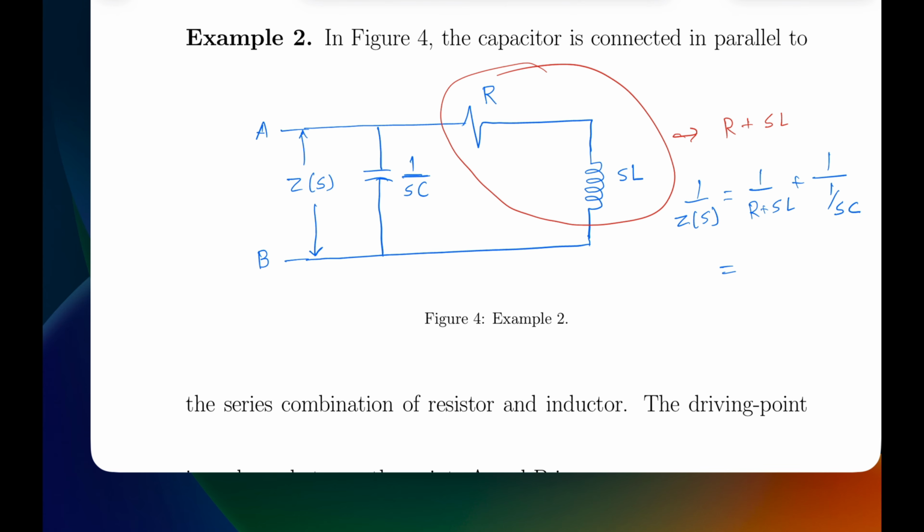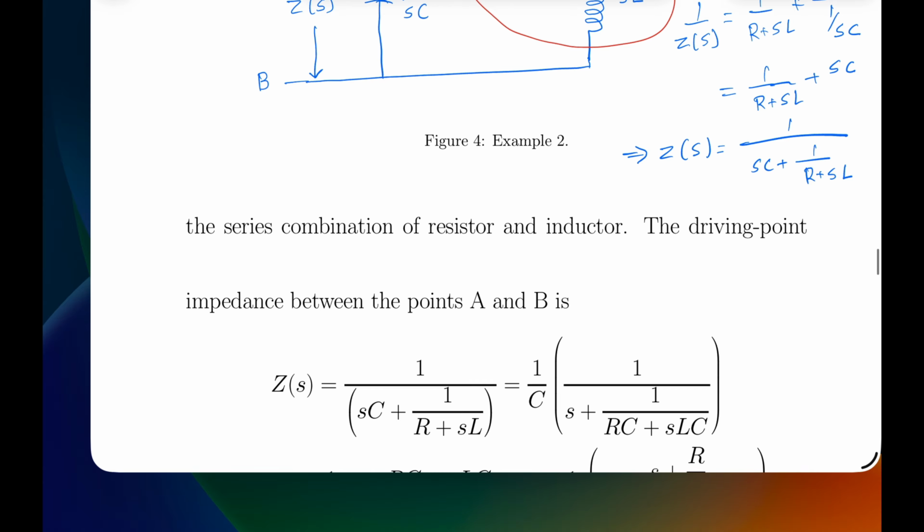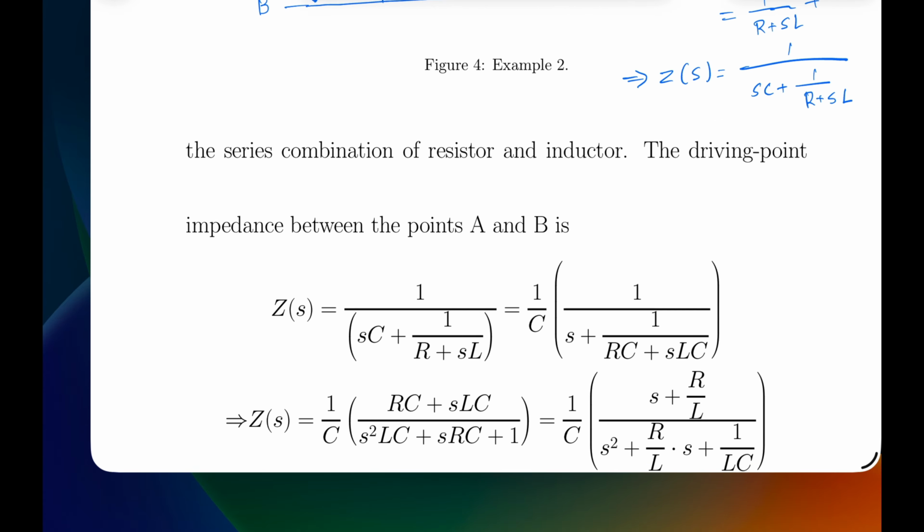So this is equal to 1 upon R plus sL plus sC, and therefore Z(s) is 1 upon sC plus 1 upon R plus sL. Okay, this is what we have written here.